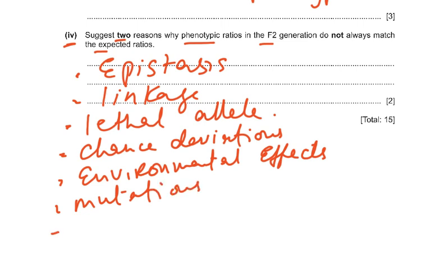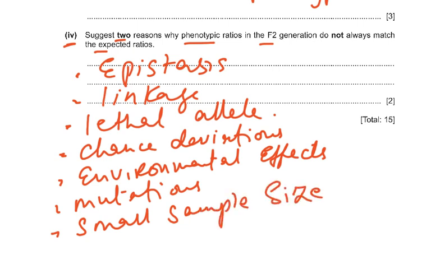And of course, you could have also said, because it's a very small sample size, that does not really represent. If I say I take a test, I have 100 students in my class and I only take a test of 10 students, well, that's a very small sample size to really talk about the result of the entire class. So it's a very small sample size. And that was all that was required.